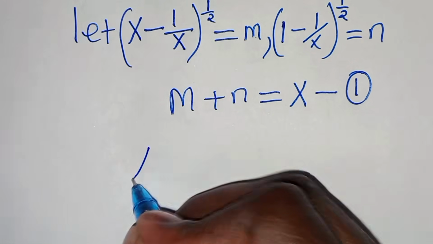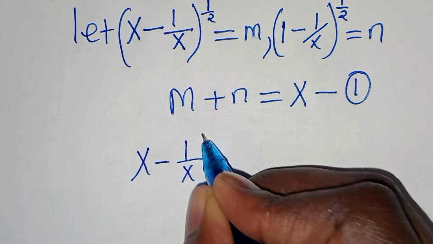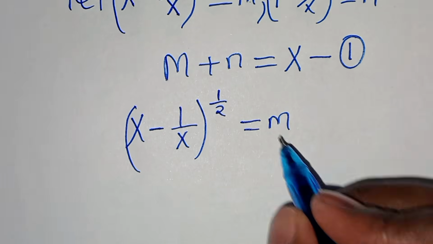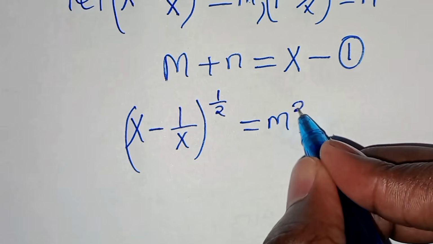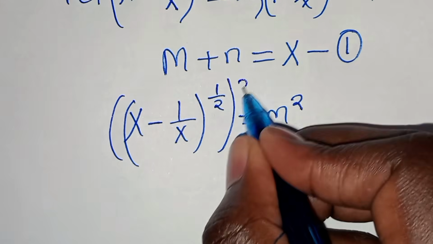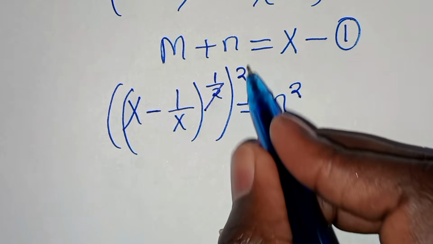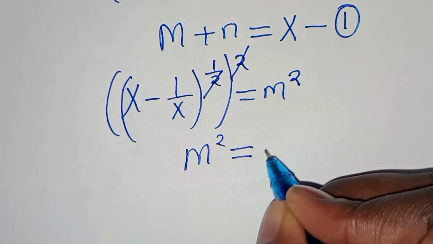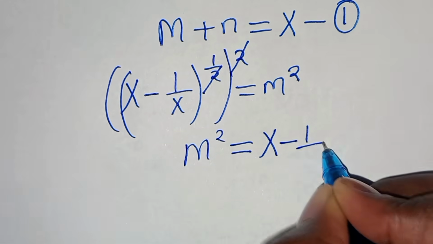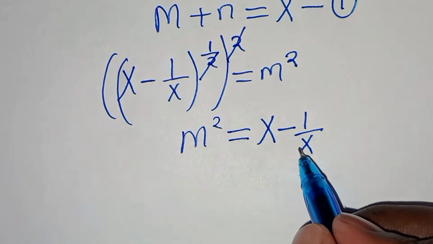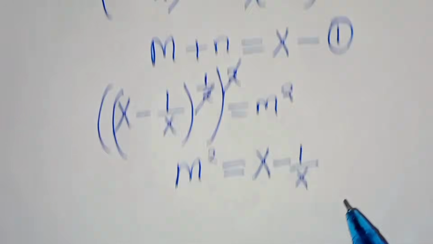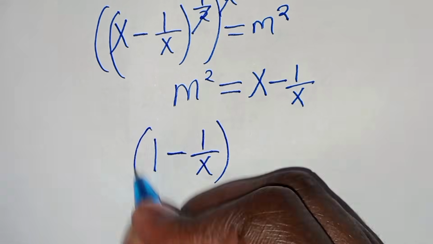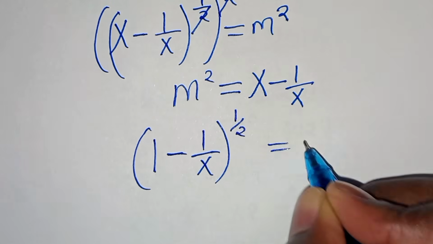Now (x minus 1 over x) raised to the power of a half is equal to m. We can square both sides so that we eliminate the square root, and we have m squared equal to x minus 1 over x. Now (1 minus 1 over x) raised to the power of a half is equal to n.